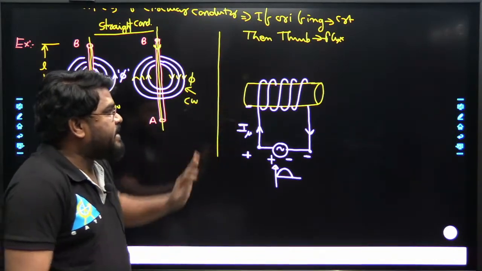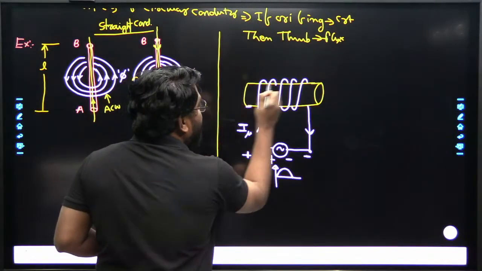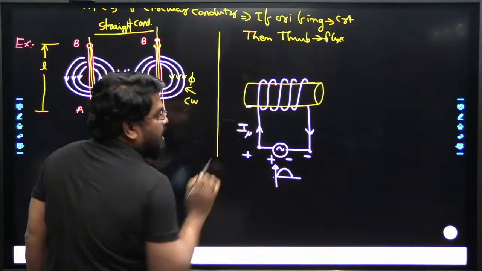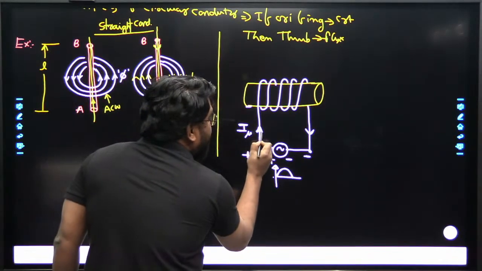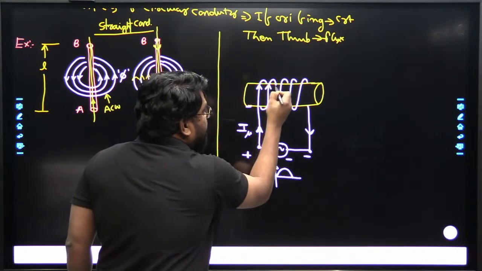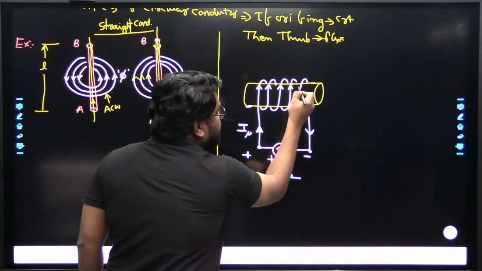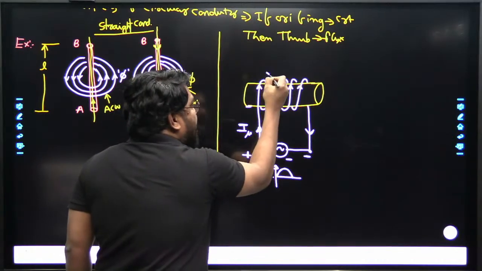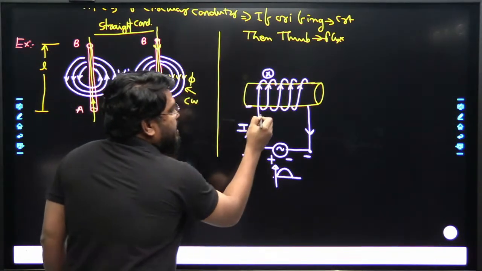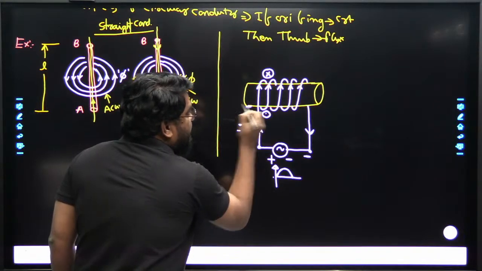Suppose in one case, it is a magnetic core and this one is a coil. The current is in the positive half cycle. So what are the current directions here? This cross means the current entering position, and the dot means the current leaving position. The cross mark indicates the current entering the coil, and similarly the dot is the current leaving position.